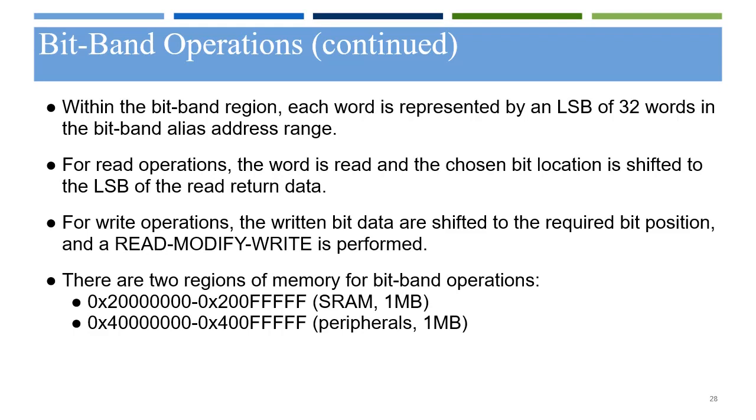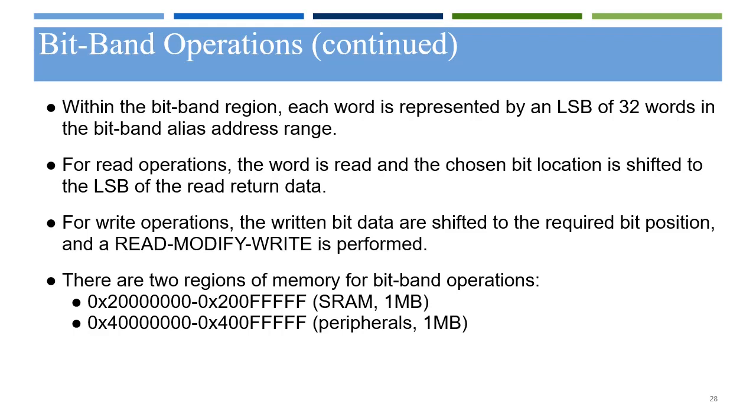For read operations, the word is read and the chosen bit location is shifted to the LSB of the read data. For write operations, the written bit data is shifted to the required bit position and the read-modify-write is performed.